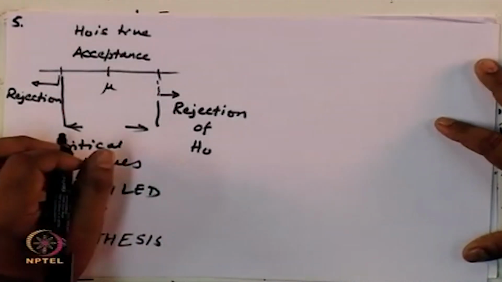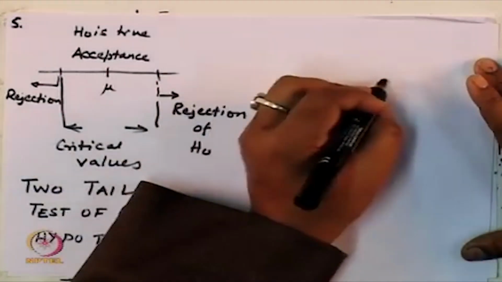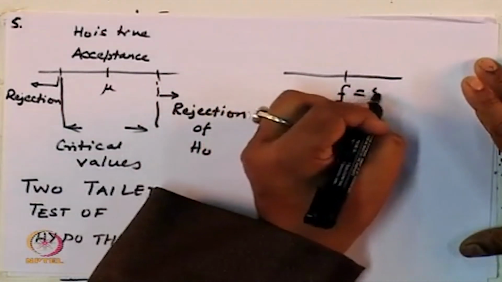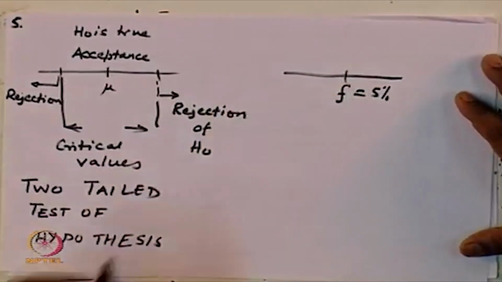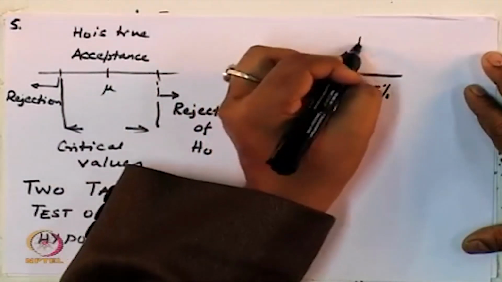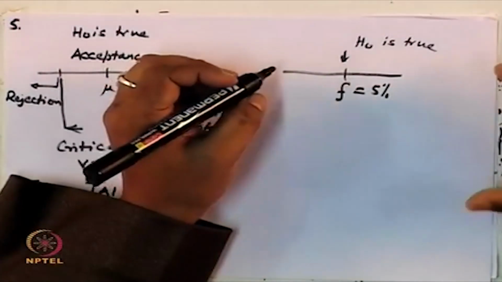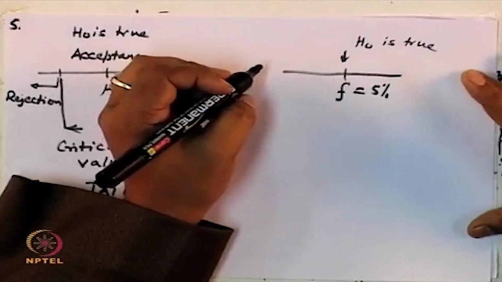In the other example we had discussed briefly, you have a fraction f of 5%, which corresponds to H naught being true. So, you want to lower the defective pieces.